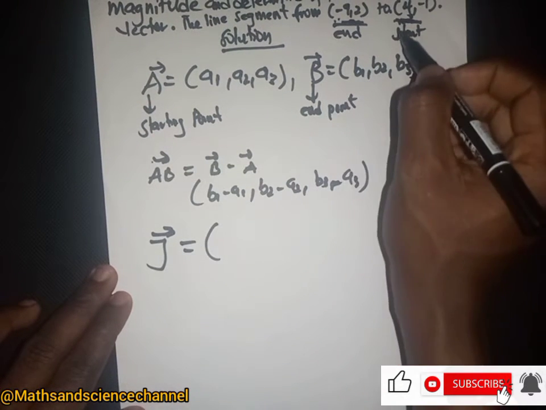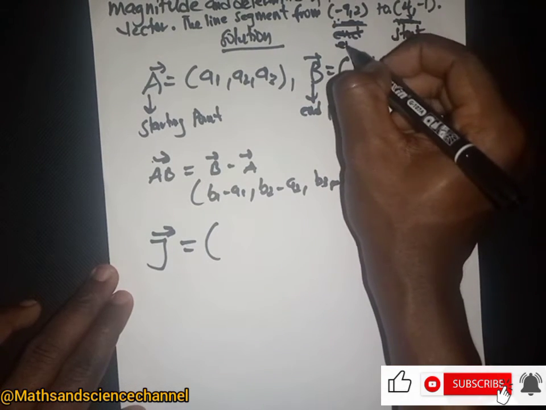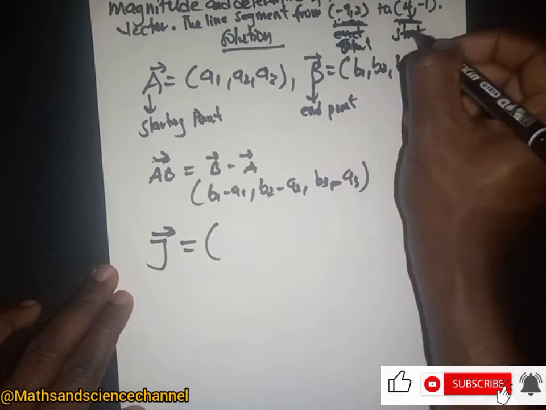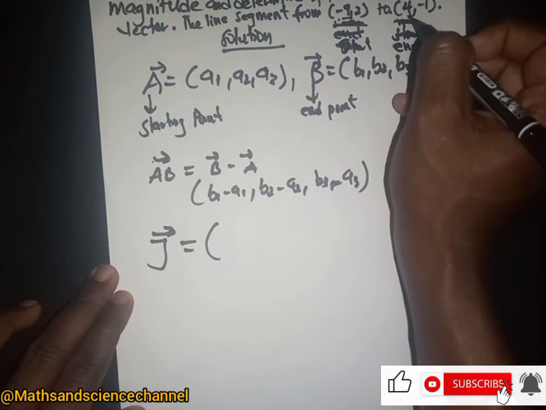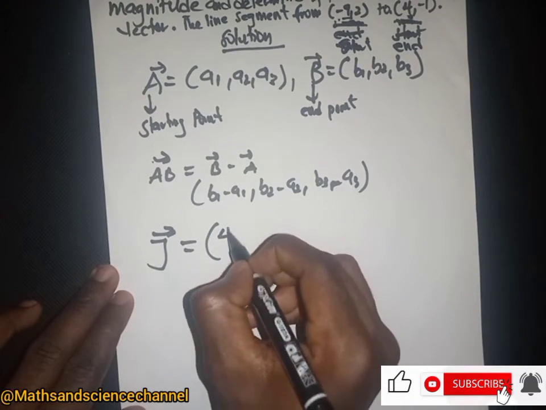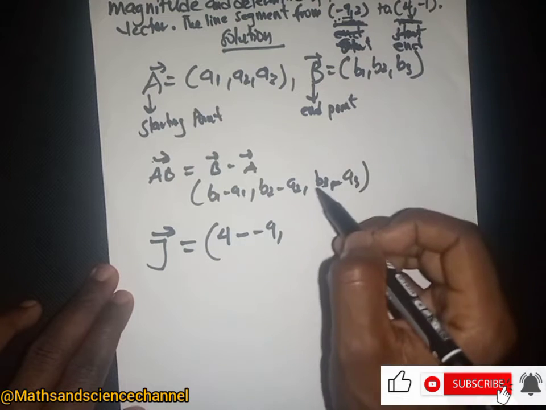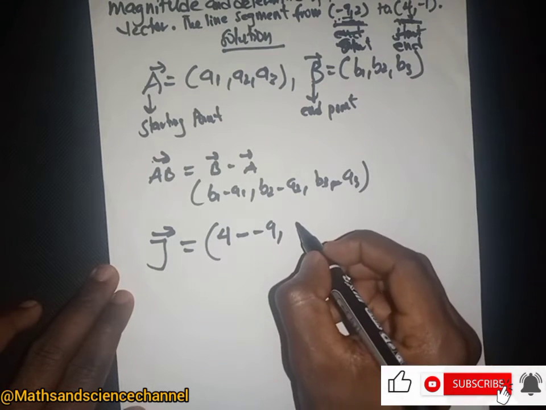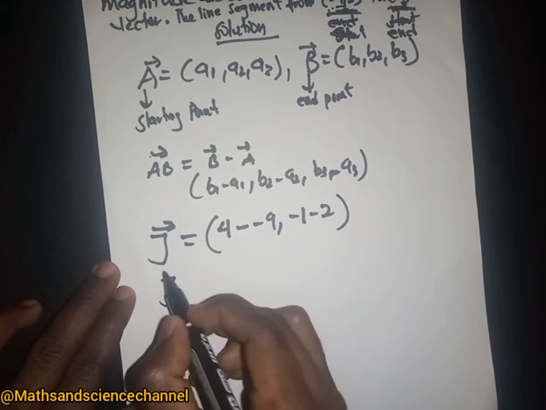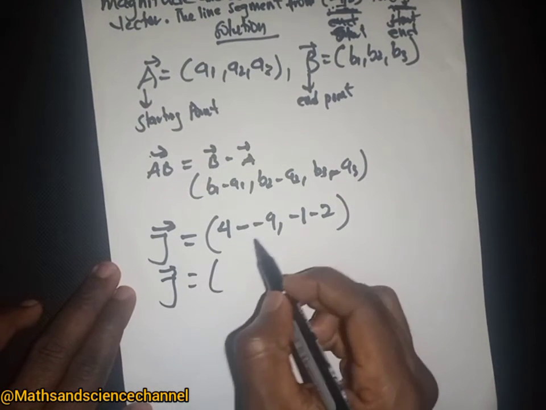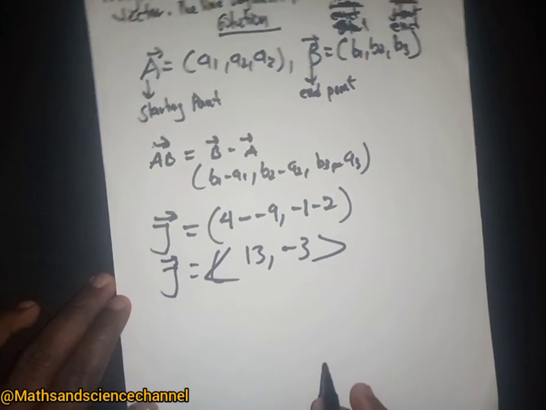So we have 4 minus negative 9, and also negative 1 minus 2, which means vector j is going to be 13 and negative 3. So we can get vector j as that.